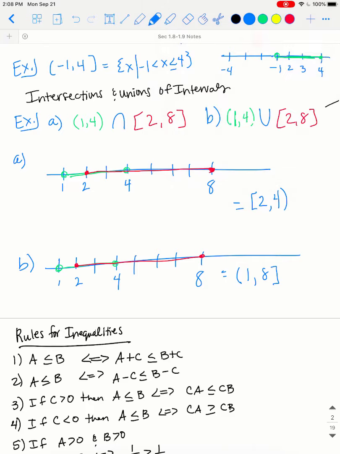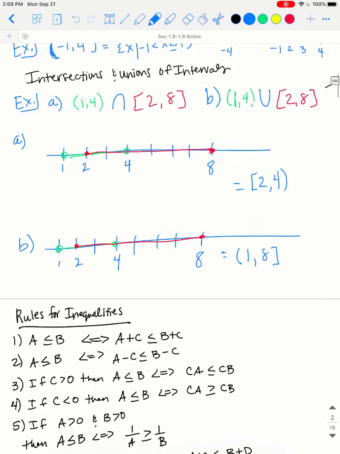I'll make it a little bit clearer. Okay. So we have the open dot on negative 1, and then the closed dot on 4, because x is greater than negative 1, but it's not equal to it. And then x is less than 4 and equal to it.